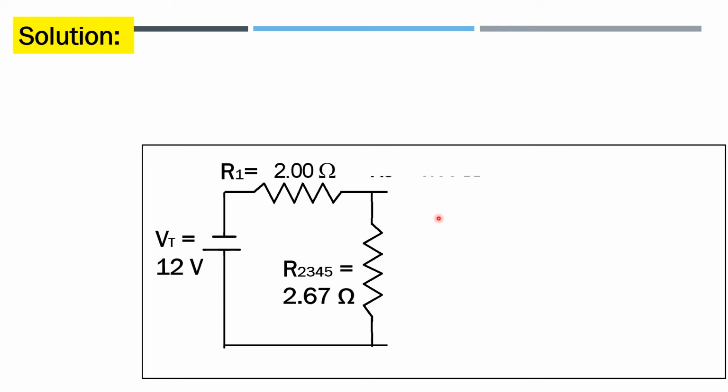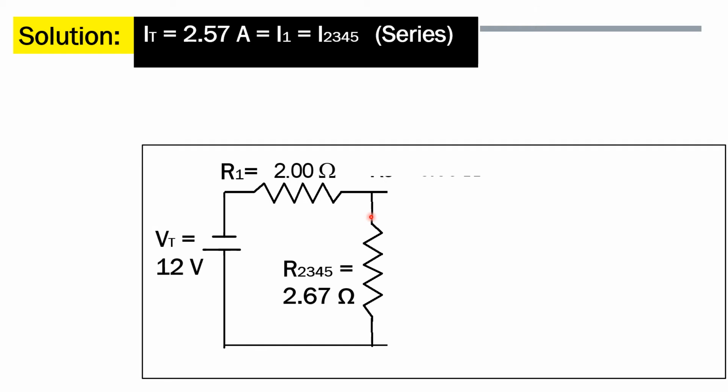So for now, in the diagram, we only see the two resistances: R1 and the combination of R2, 3, 4, 5, whose value is equal to 2.67 ohms. That of R1 is 2.00 ohms. And this is how we are going to find the current as well as the voltages for each.